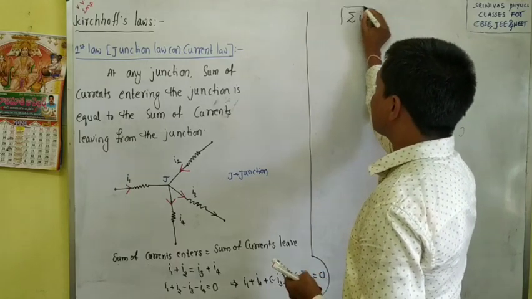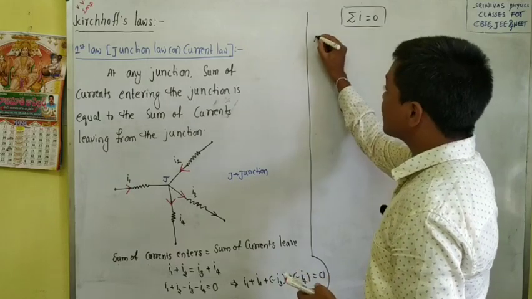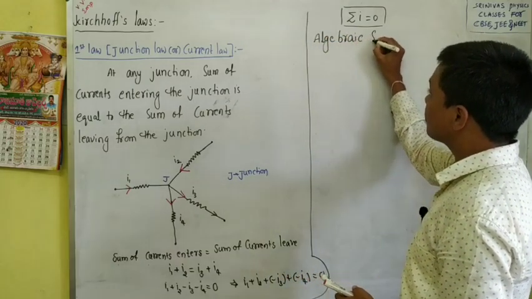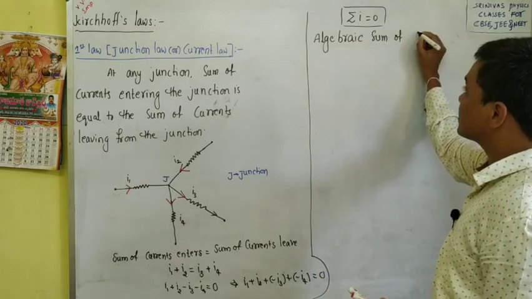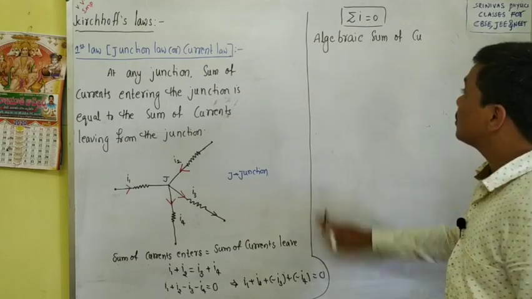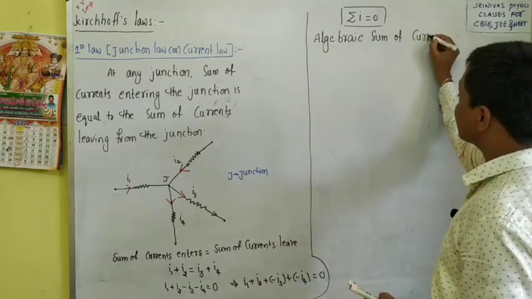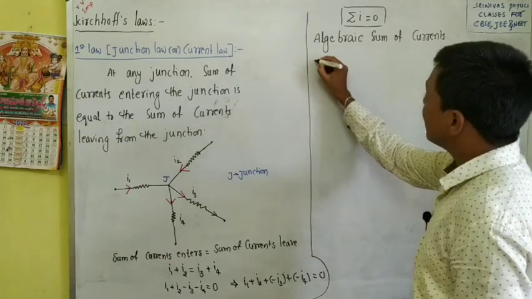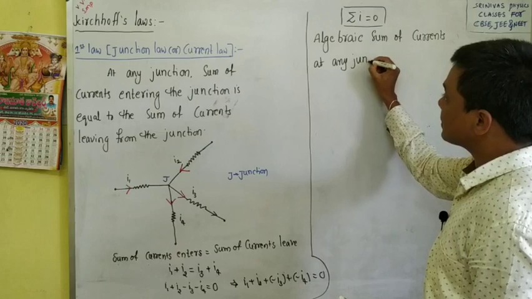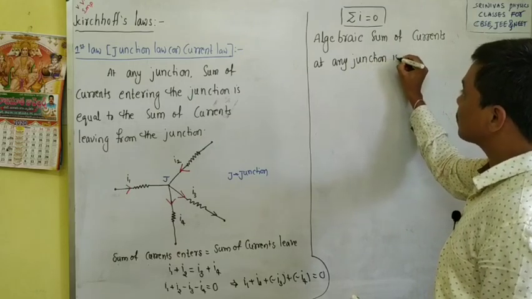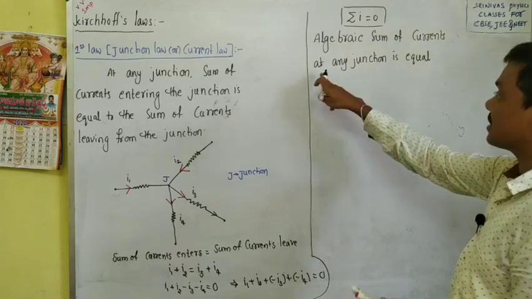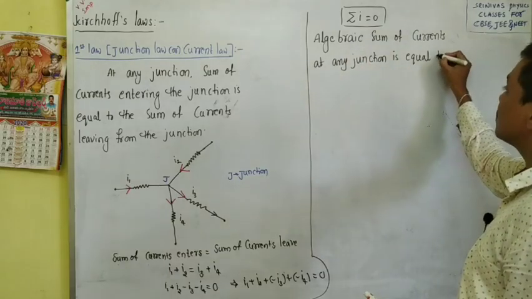We can write this as the algebraic sum of currents at any junction is equal to 0. We can also give Kirchhoff's first law like this: the algebraic sum of currents at any junction is equal to 0.